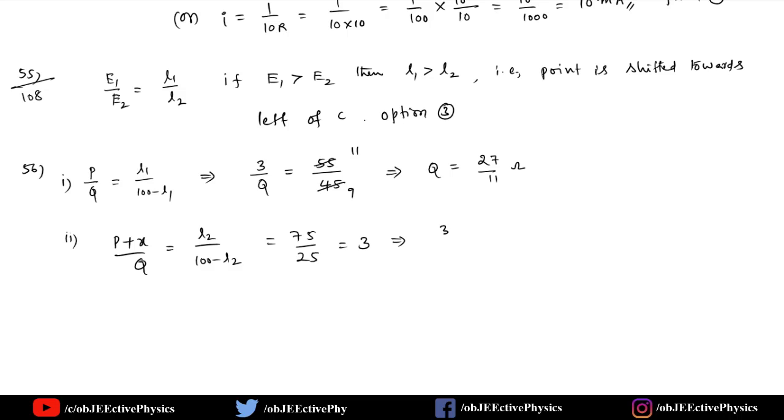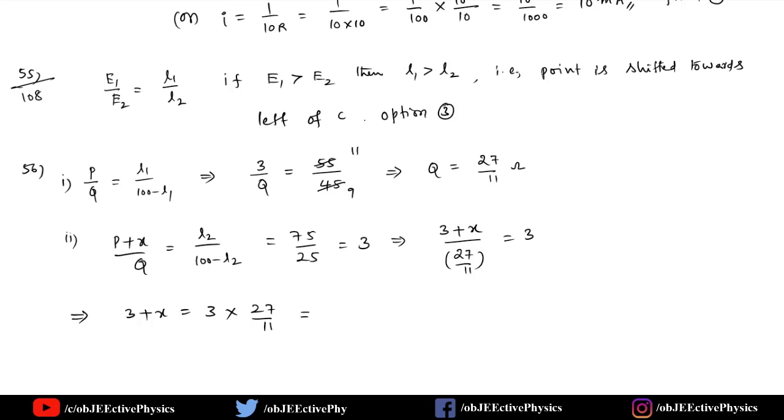Or (3 plus X) divided by Q, with Q being 27 by 11, is equal to 3. By cross multiplication, 3 plus X is equal to 3 into 27 divided by 11.